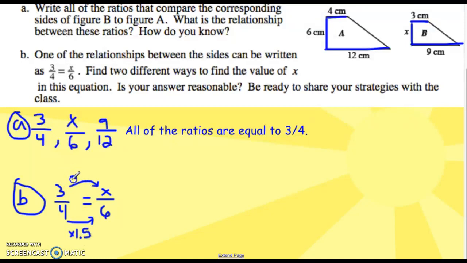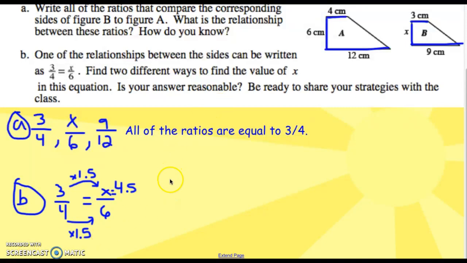So I know that I have to have the same multiplier on my numerator. So I have 3 times 1.5, and that equals 4.5. So x equals 4.5.